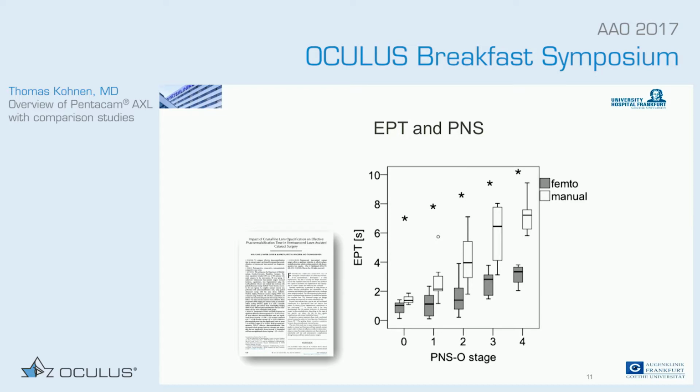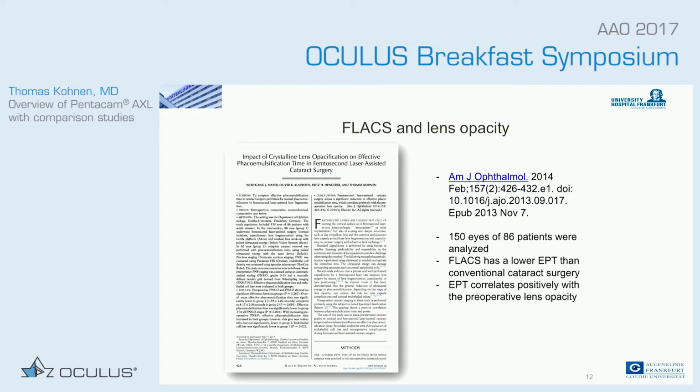The outcome in 150 eyes was that FLEX had a lower effective phaco time than conventional cataract surgery, and the EPT correlates positively with the preoperative lens opacification. This may give us a tool in the future to look at pre-op screening of our lenses and then change our settings in the machines for cataract surgery. I think this is a very interesting idea.